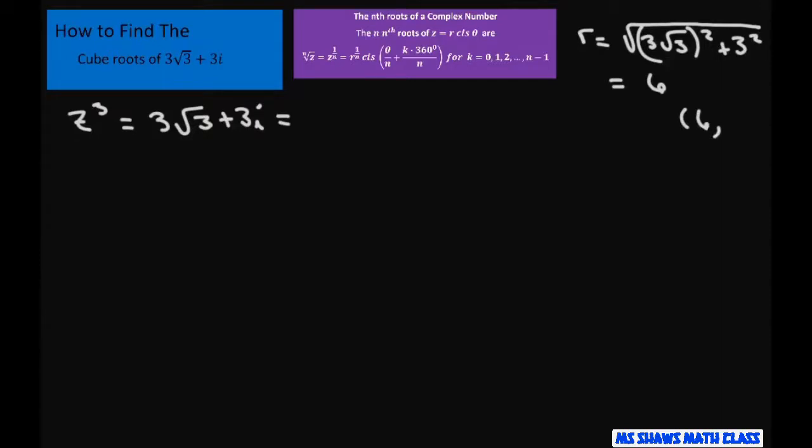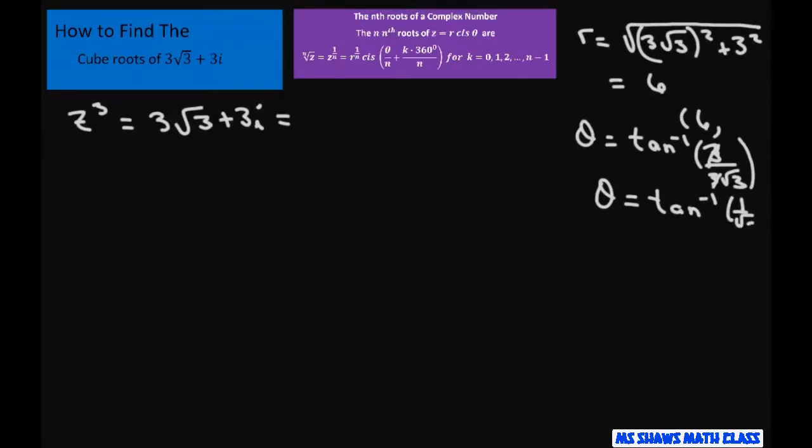And our angle is inverse tan of 3 divided by 3 square root of 3. The 3's cancel. So our angle is inverse tan of 1 divided by square root of 3, or square root of 3 over 3. So our angle is going to be 30 degrees.